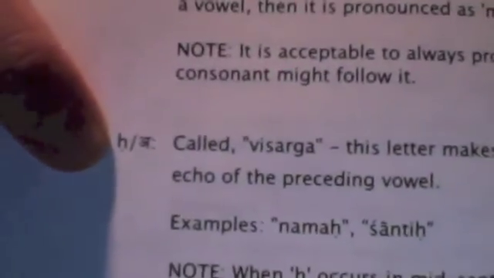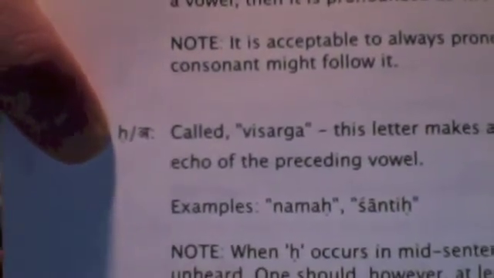The other special character I want to cover is called Visarga, and it's simpler to understand. It's written with the English letter H with a dot underneath it, and it's called Visarga. This letter makes an H sound followed by a short, soft echo of the preceding vowel.